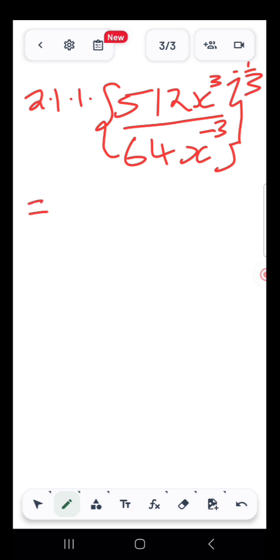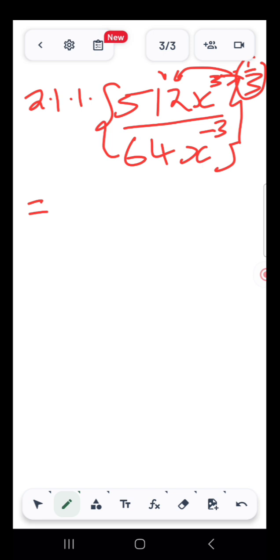This will equal, well, the first thing that I would do is use the power law. A number with an exponent must be multiplied by the exponent outside, and any number that doesn't have an exponent, we know it has an invisible one.